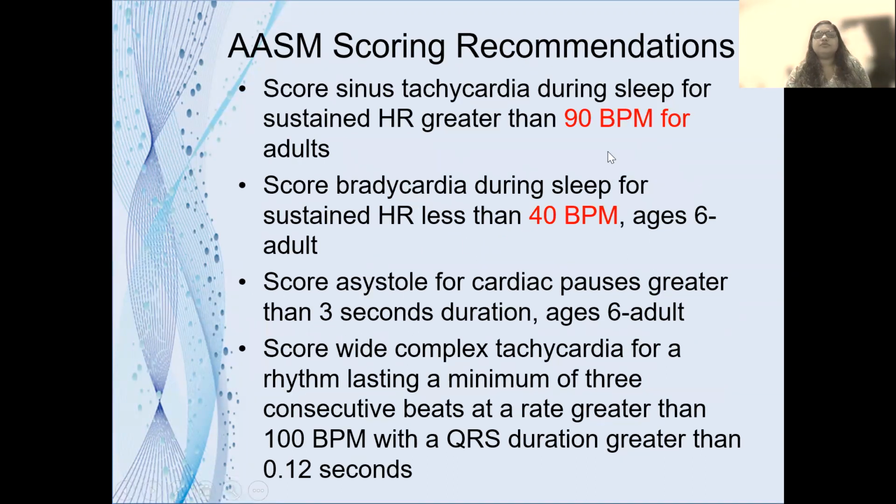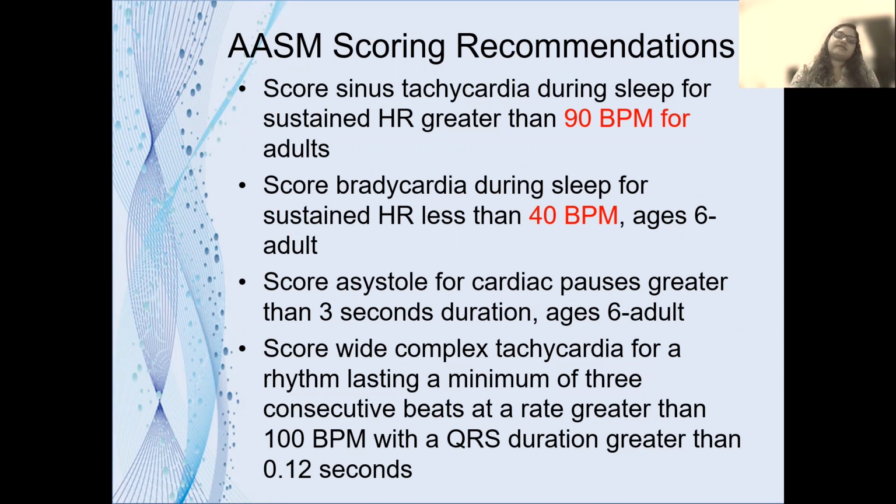Now, how do you decide upon the normal and abnormal? The AASM guidelines state how to score sinus tachycardia and bradycardia. Sinus tachycardia during sleep is a sustained heart rate greater than 90 beats per minute for adults. So if it is more than 90, we say it is sinus tachycardia. And when do we say it is bradycardia?